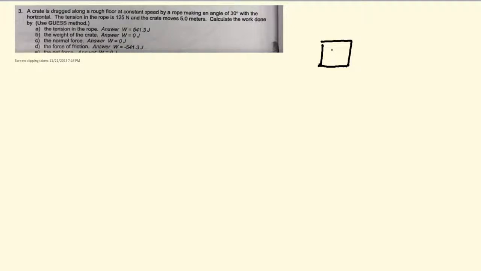And it is pulled by a rope that is making an angle of 30 degrees with the horizontal. The tension is 125 newtons, and the displacement is 5 meters.